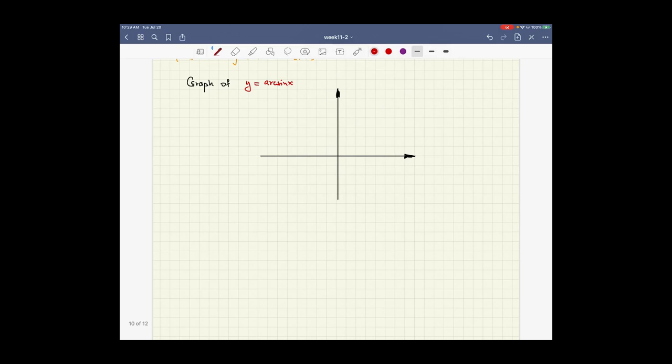Arcsine of negative 1 is negative pi over 2. Let's say this is negative pi over 2. Let's say this is 1. Arcsine of 1 is pi over 2. Arcsine of 0 is 0. The function is odd.